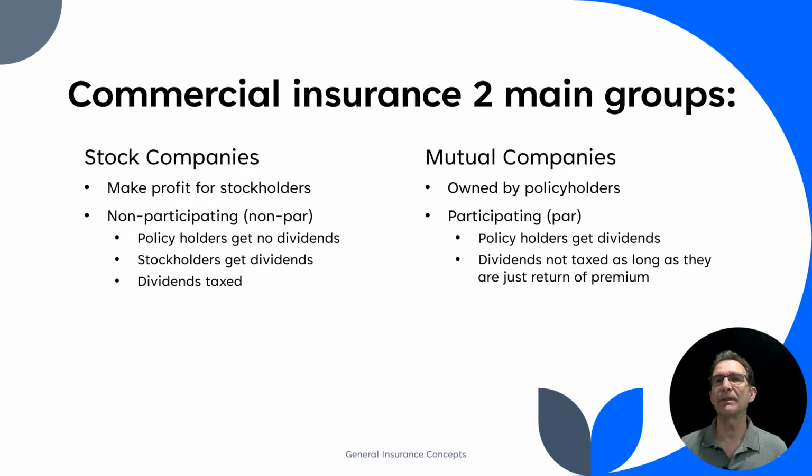And what that means when you say non-participating is that the people who have insurance don't participate in the profits. Only the stockholders are the ones participating in profits from the company. So stockholders in a stock company get dividends, which means getting some money or share of profits if the company is profitable.